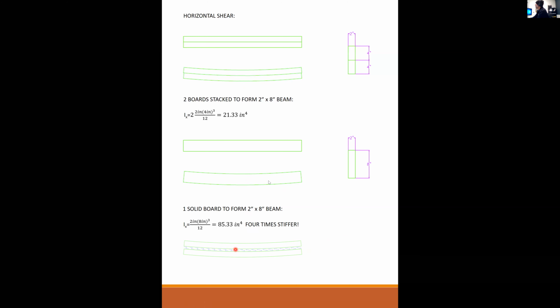If you want to imagine taking these two beams and gluing them together before you stand on it, the glue prevents one slipping past the other. And so two 2x4s glued together or nailed together or in some way connected so they can't slip makes it act like a solid board.